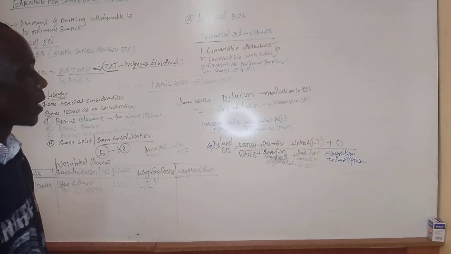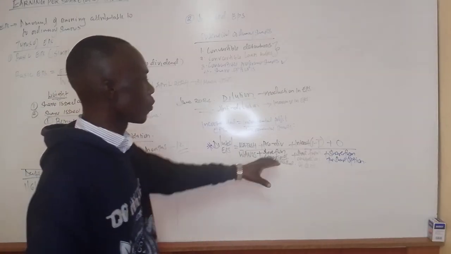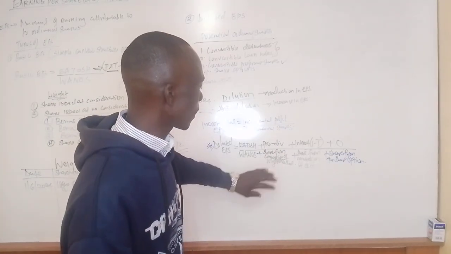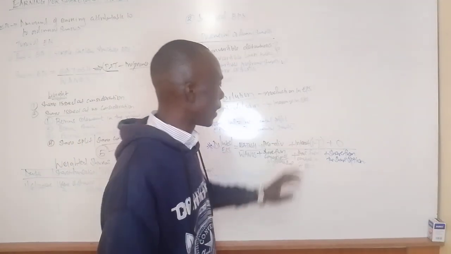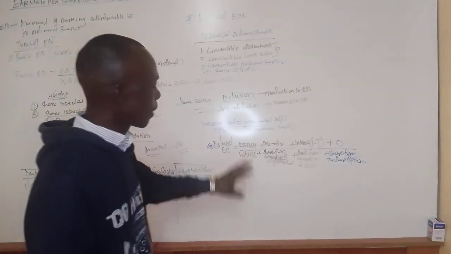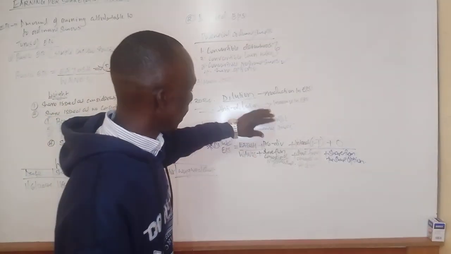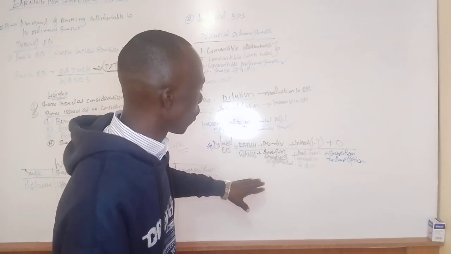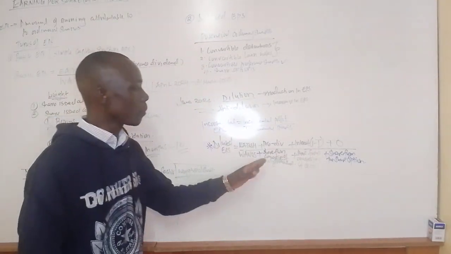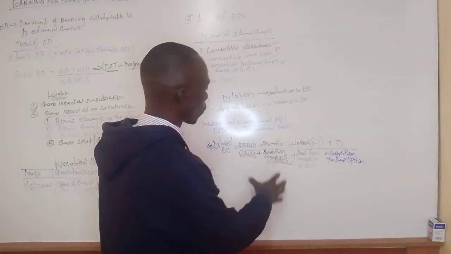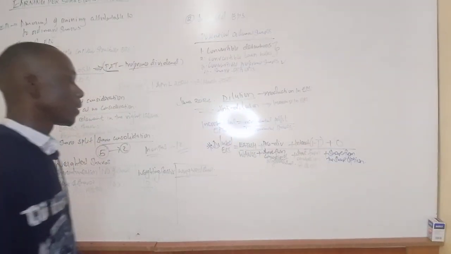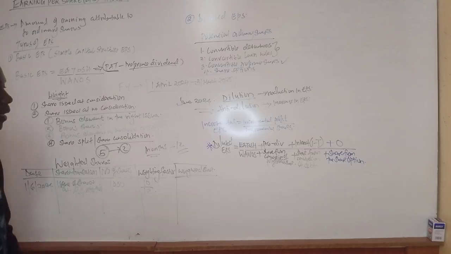So in a question, you might find that the examiner can decide to give you the preference dividend, convertible preference shares, and convertible debt. Or the examiner can decide to give you the convertible debt and also the share option. So in that case, your formula will be slightly different from what we have. Reason being, you are going to omit one of the items which will not be in the question.